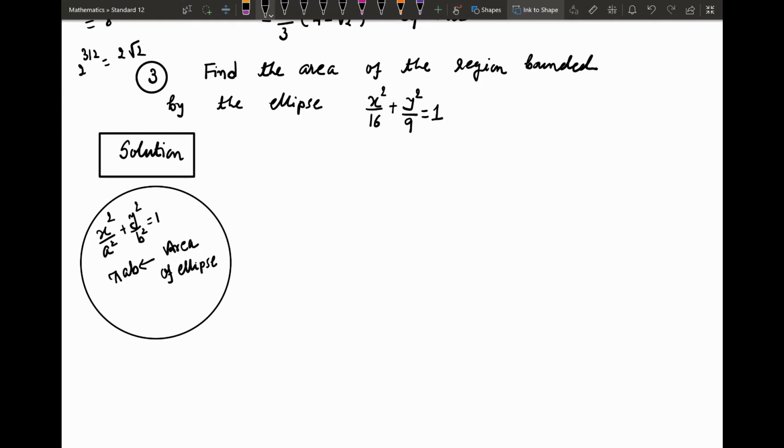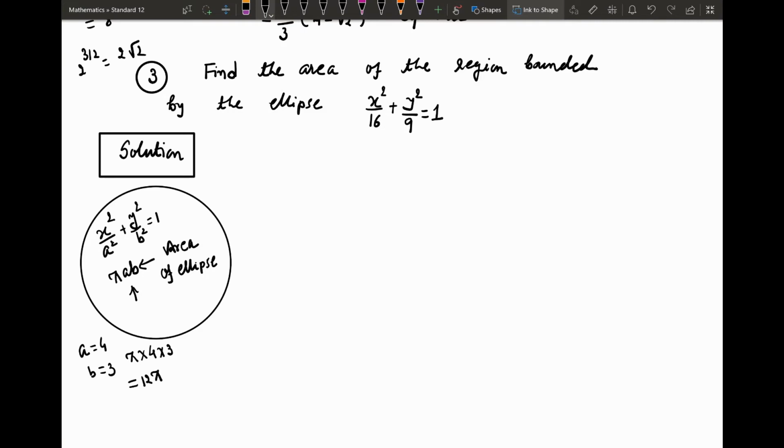So here you compare it: a square is 16, so a equal to 4, b square is 9, so b equal to 3. So according to the shortcut, the area will be pi into a into b. So 4 threes are 12. 12 pi square unit will be the required area.